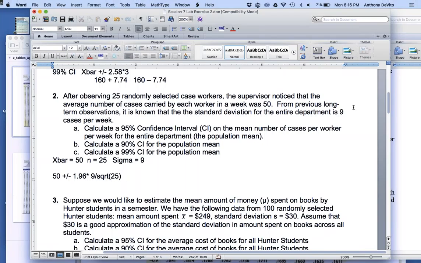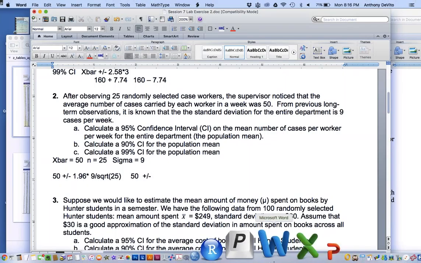So it's going to be 50 plus or minus 1.96 times 9 over the square root of 25, which is 5. 9 over 5 is going to be 1.8, right? Actually 2.25. So it's 1.96 times 2.25.